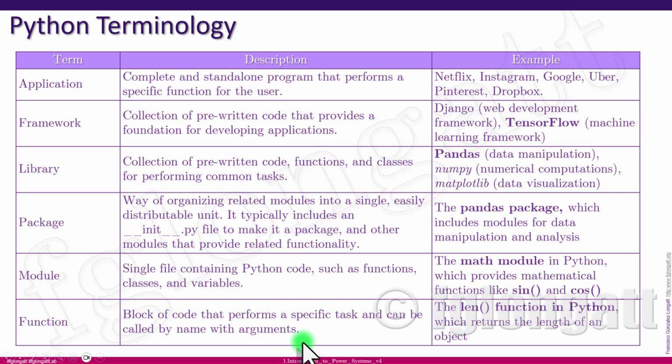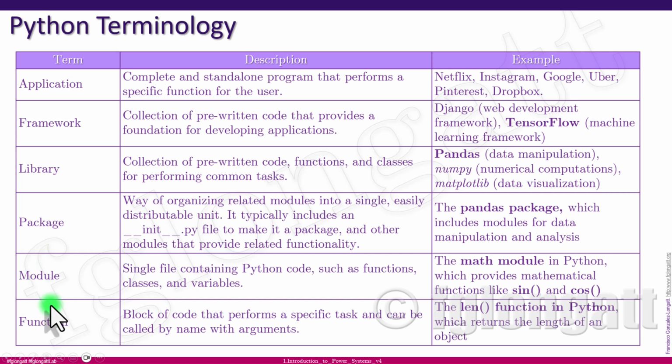So you can call that specific function and give some arguments, and from there you will get a result. Later we will play around with Python, but one of the functions is len, L-E-N. This function in Python returns the length of an object. So it's quite powerful when we are trying to get the size of a vector or array.